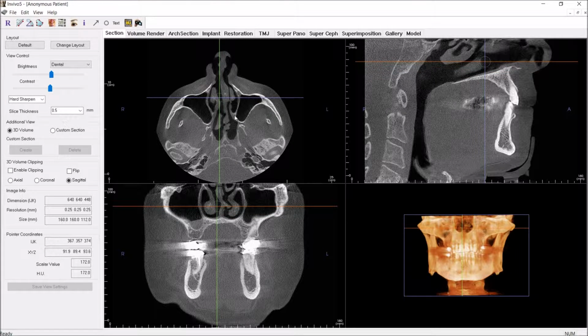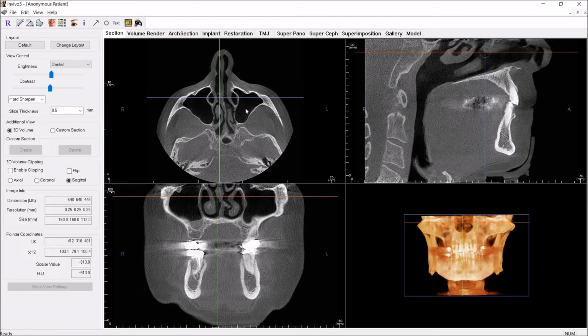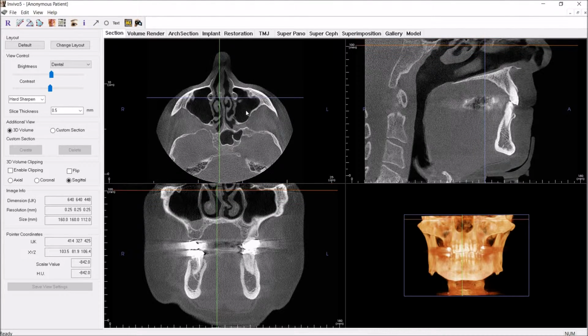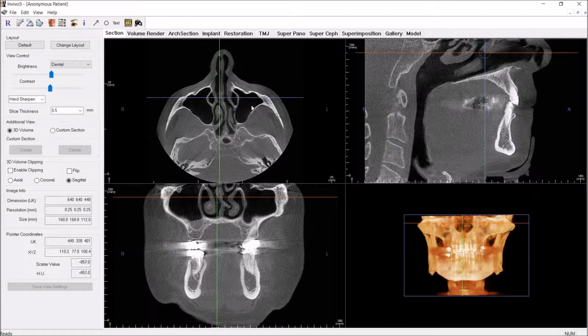And same thing for the borders of the maxilla. You want to make sure they're thin and continuous. If you see thickening of the posterior border or the lateral border of the maxillary sinus, that's a sign of chronic sinusitis. Chronic because for bone to form, it has to have taken a significant amount of time. So they have to have had an infection ongoing long enough for bone to form.